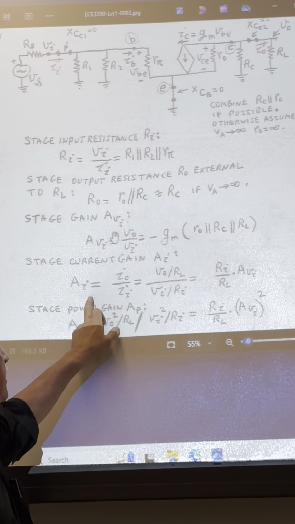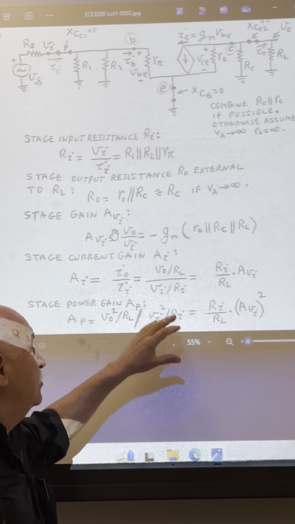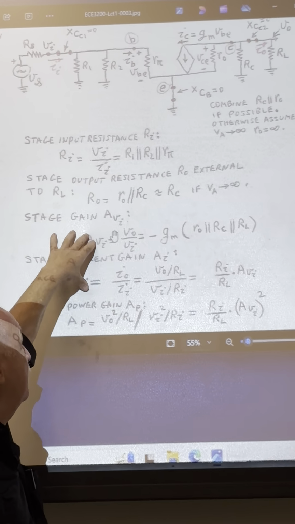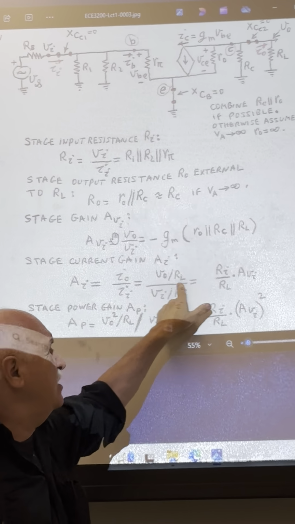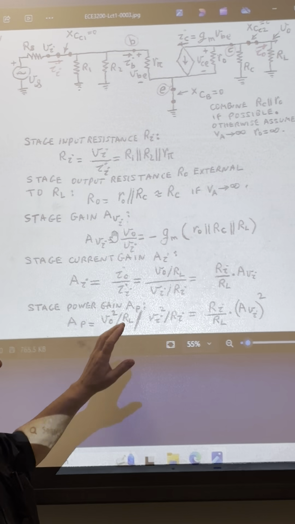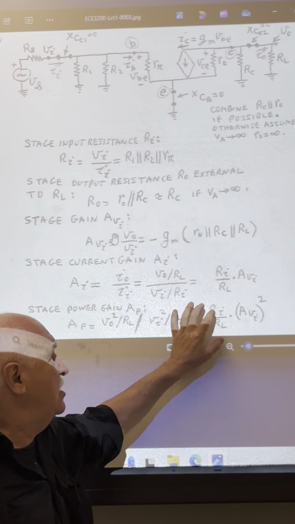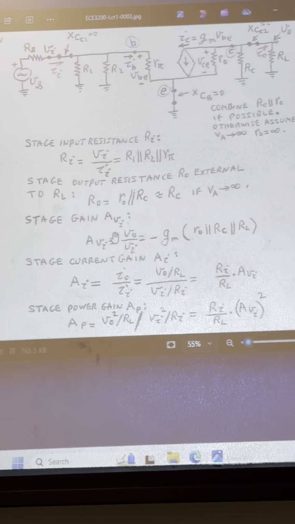So current gain defined that way, multiplied by the voltage gain, turns into this one. So I say, don't pay attention to this one. Get the power gain formula only from voltage gain and input and load resistors, period, to make it shorter and more compact.